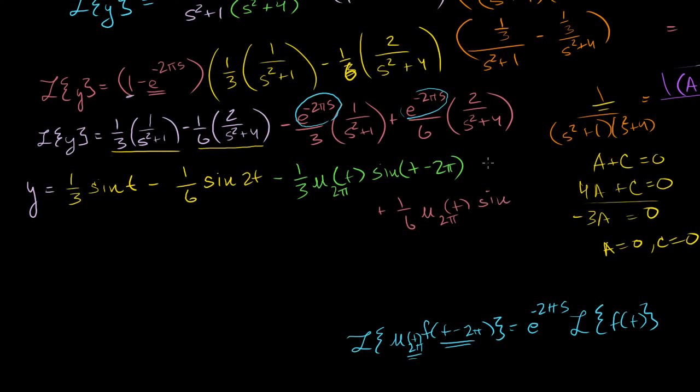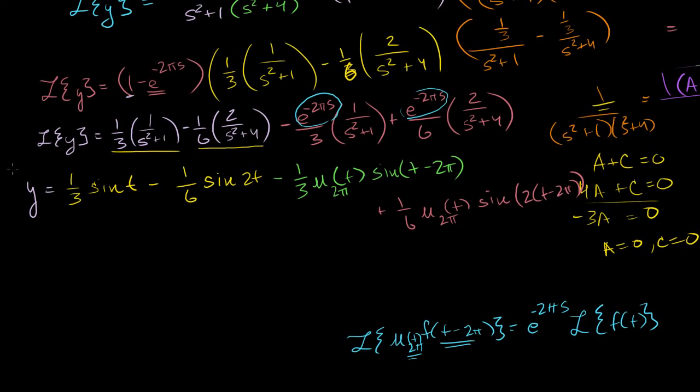Wherever we had a t before, we're going to replace it with a t minus 2 pi. So sine of, instead of 2t, it's going to be 2 times t minus 2 pi. And there you have it. We finally have solved our very hairy problem.